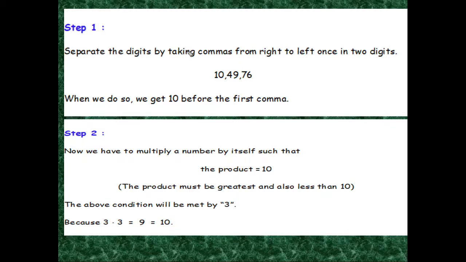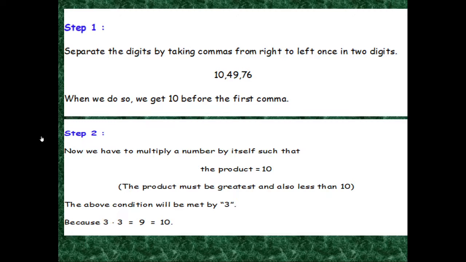Now we know that 10 is our first number. We need to multiply a number by itself to get 10. Remember, by itself.